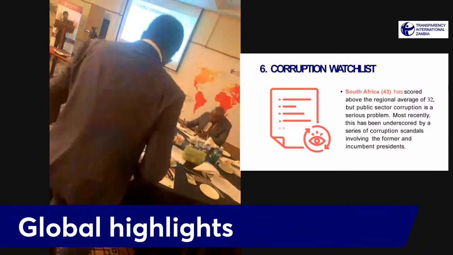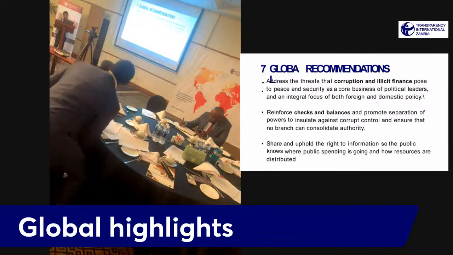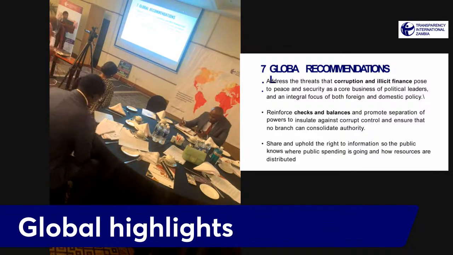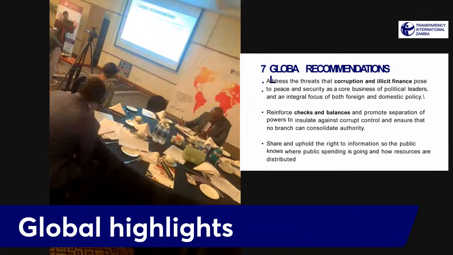So given those global and regional highlights, these are the recommendations from Transparency International at a global level. So there is need to address the threat that corruption and illicit finance pose to peace and security, and this should be a core business of political leaders, as well as a focus for both foreign and domestic policy.